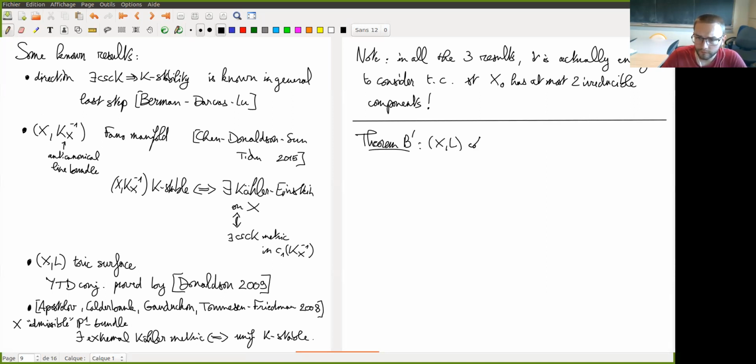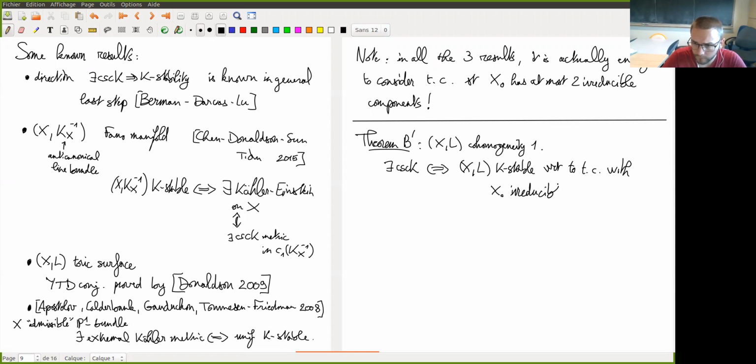I can say that if (X, L) is a cohomogeneity-one polarized manifold, then there exists a CSCK metric if and only if (X, L) is K-stable with respect to test configurations with X0 irreducible, so at most 1 irreducible component, and this condition translates into a simple combinatorial condition.